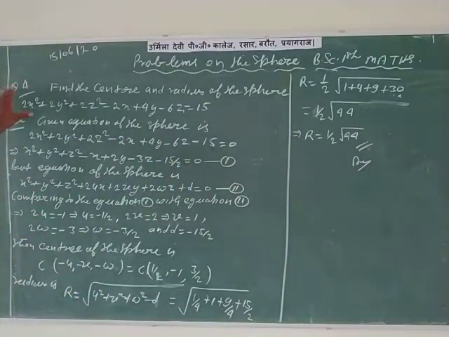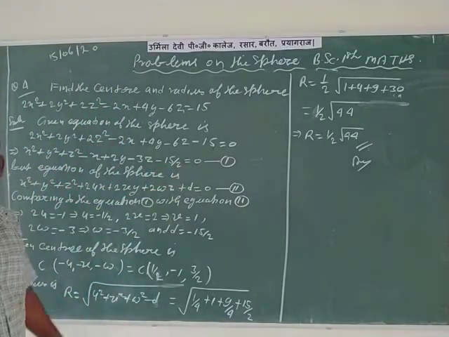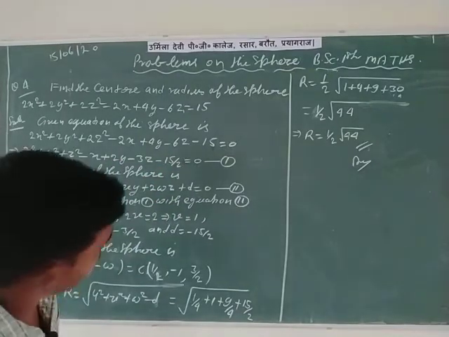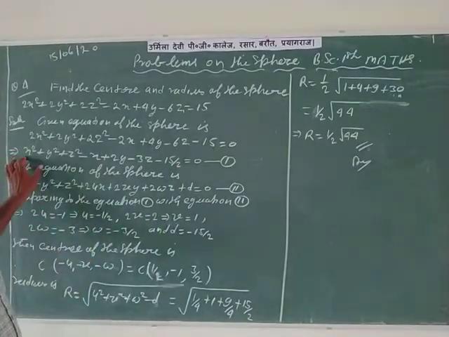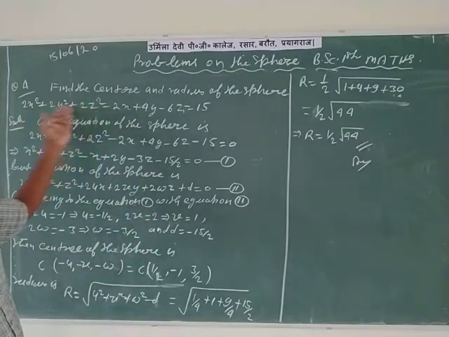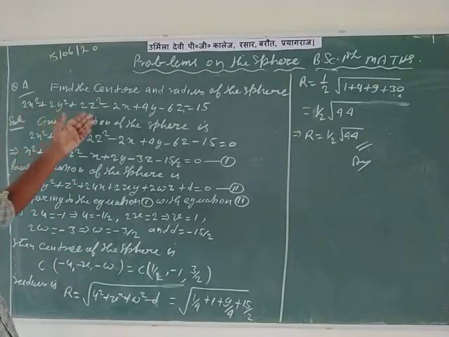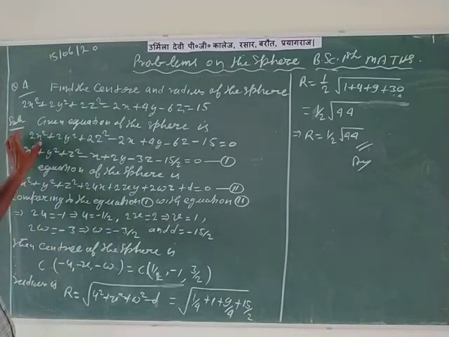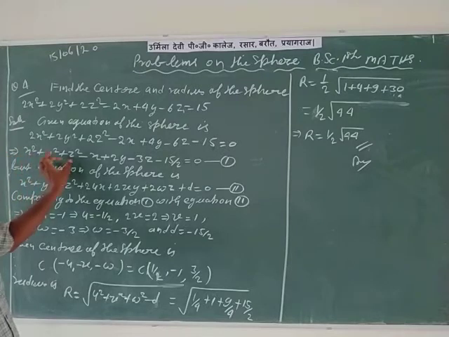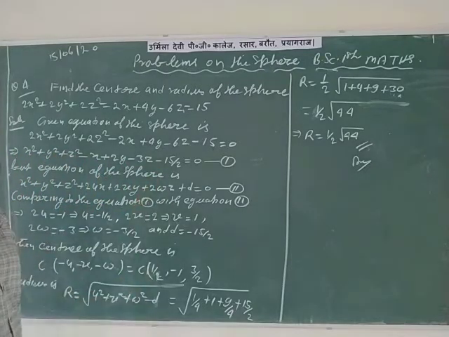In this question, find the radius and the center of the given sphere. So first, the first equation represents the given sphere. The first equation is not in the general form of the sphere, so first take 2 common from the given equation and convert it to the general form, x square plus y square plus z square, something denoted by 1.